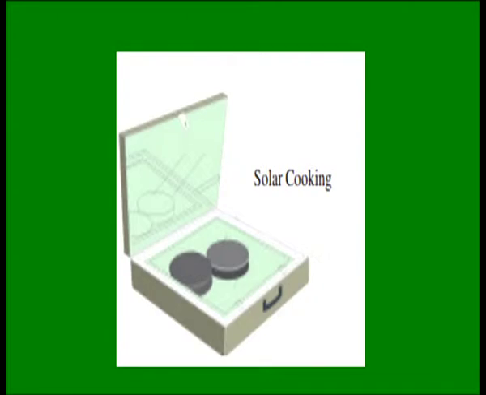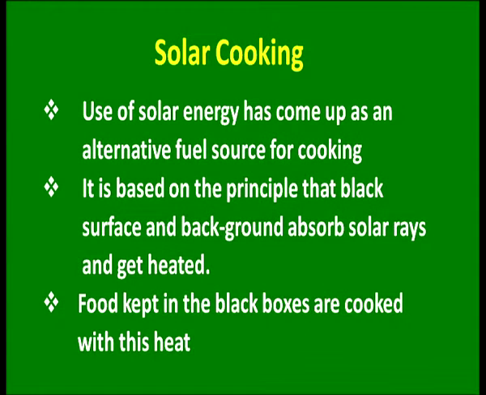Now another important and popular method, which is very environment friendly and does not require any electricity, uses the rays of the sun, and we call it solar cooking. Solar cooking is the use of solar energy as an alternative source of fuel for cooking.